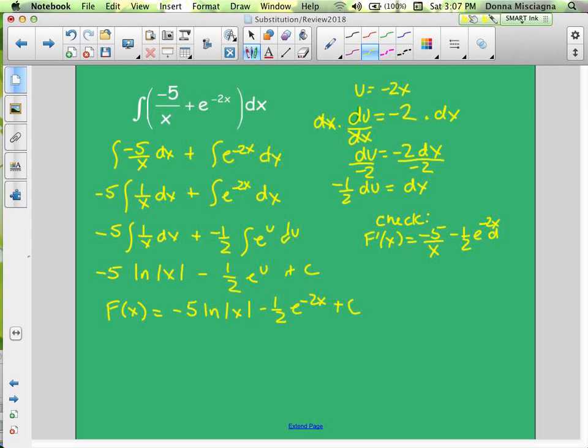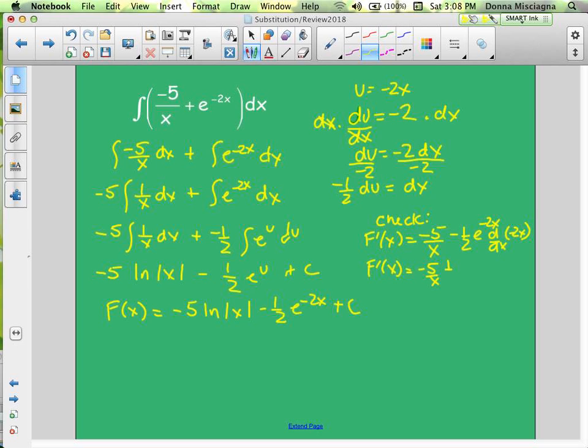But then we have to multiply by the derivative of negative 2x, because it's not just an x. And then, of course, we know the derivative of the constant is 0. So I won't write that each time. So f prime of x equals negative 5x minus, we'd have negative 1/2 that times negative 2x would make that a plus, just a plus.